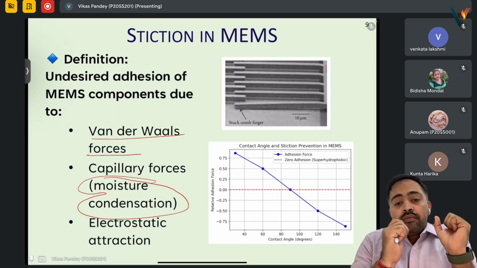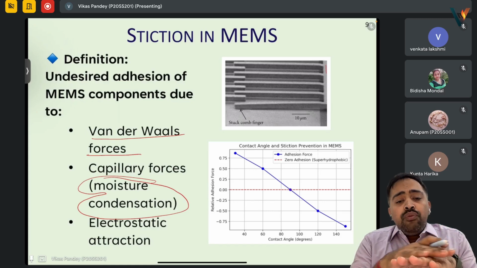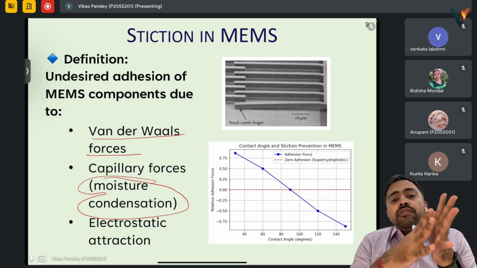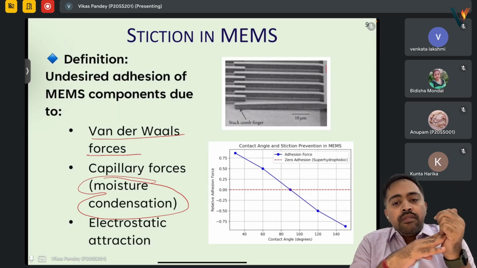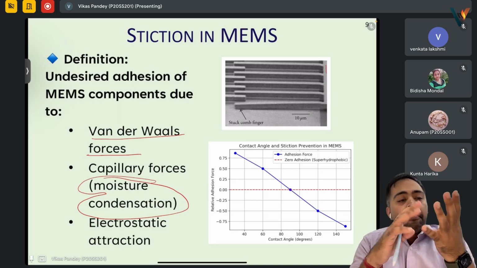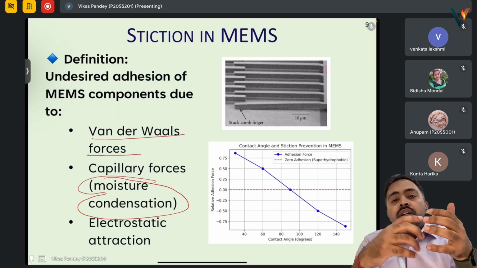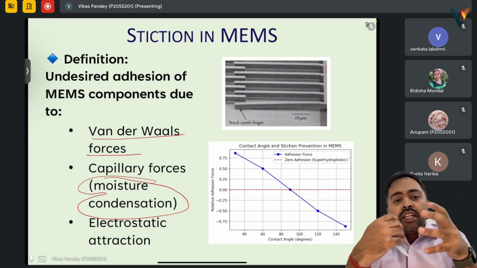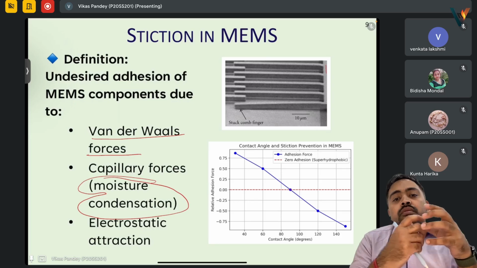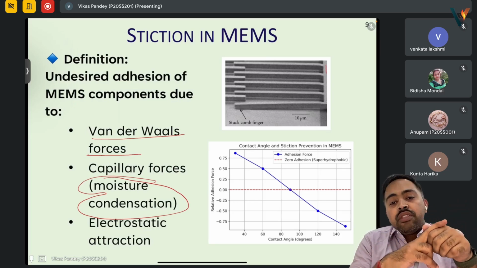So the thing is that if we want this surface not to have this problem, what can be done? Yes, anyone? What can be done to stop this sticking of these parts over each other or on the surface?